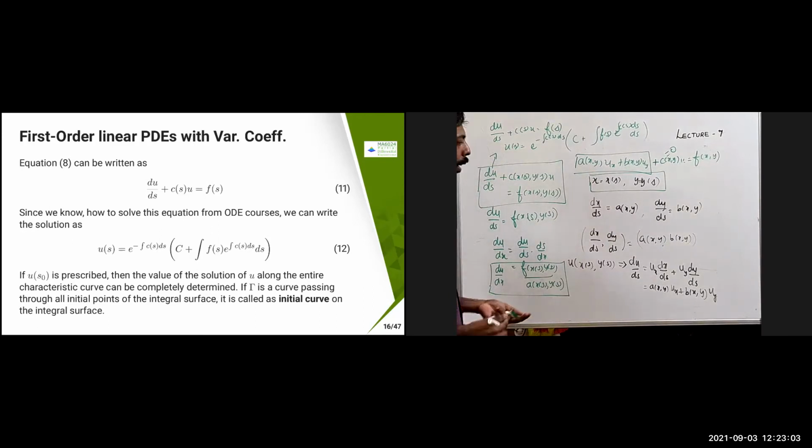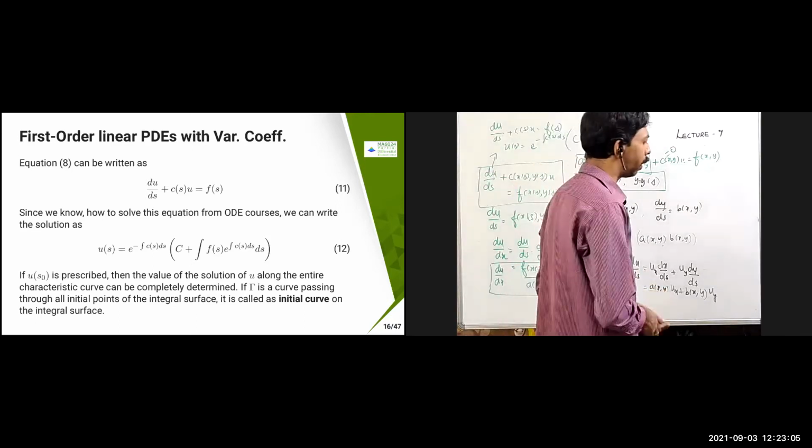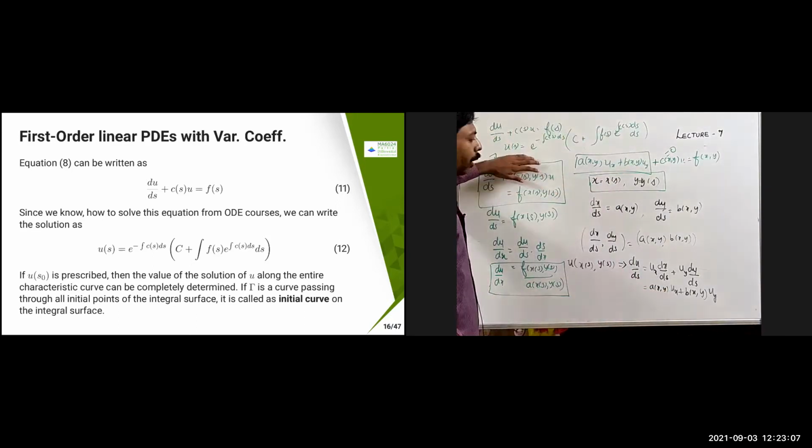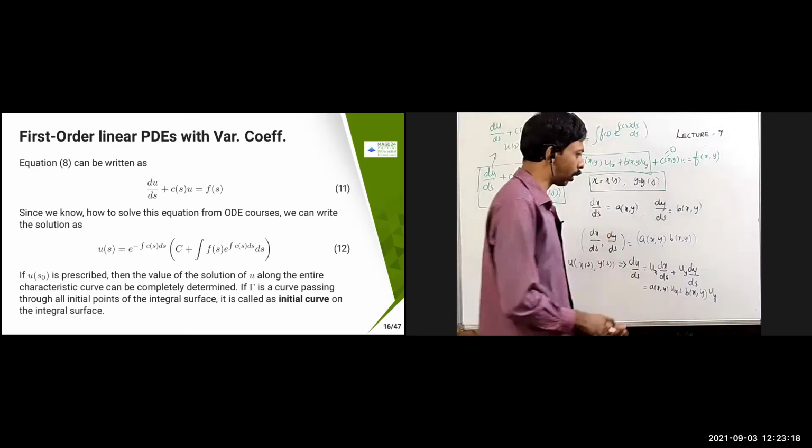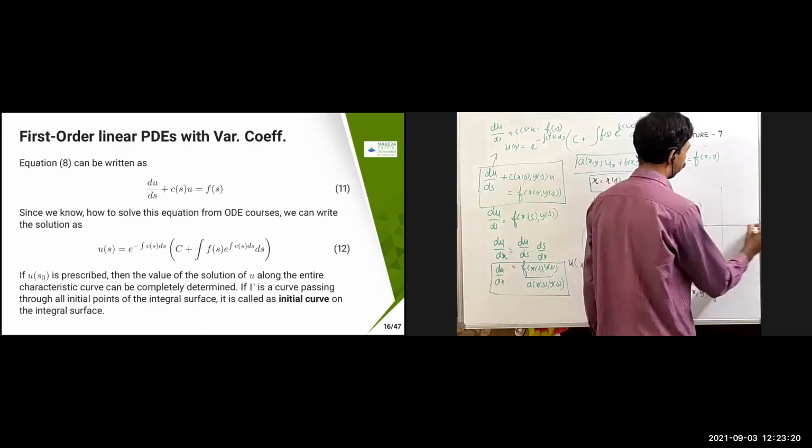Now suppose u at s naught is given to you, then you can find the solution of u along the entire characteristic curve. You can completely determine it. Suppose I'm giving a curve.